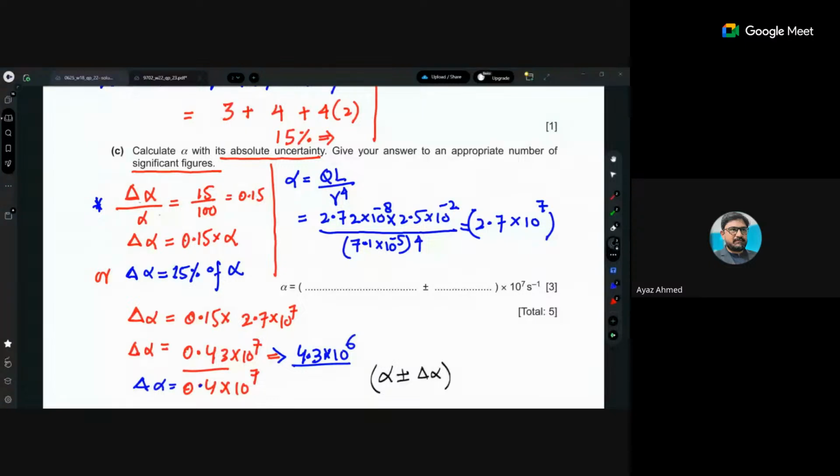You can write in this way, because you have one significant figure with one decimal place over here. Simply speaking, your answer would be 2.7 into 10 raised power 7, because it has 10 raised power 7 at the output, I mean in multiples of these values. So I would write 2.7 plus minus 0.4.